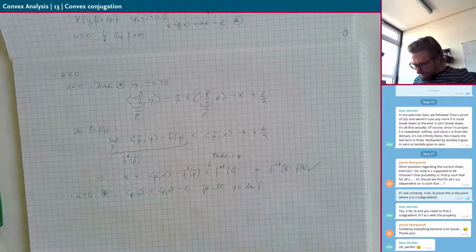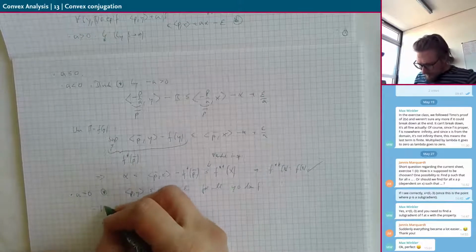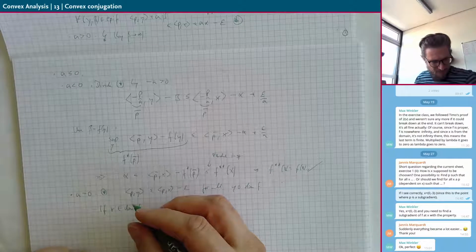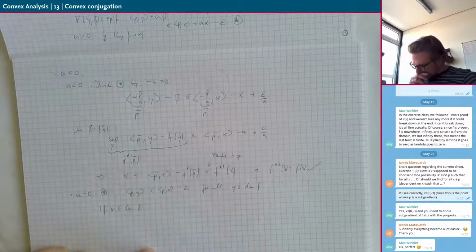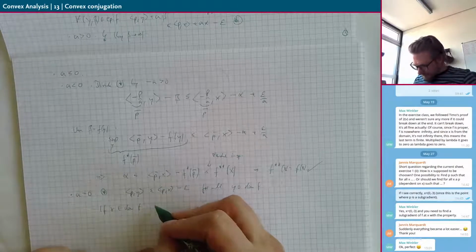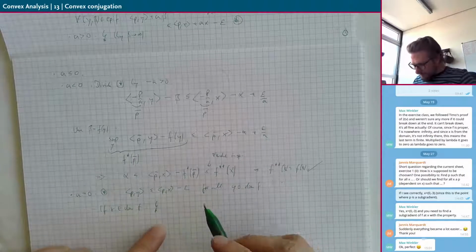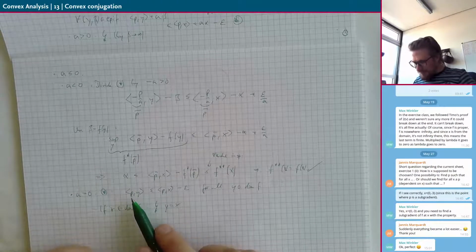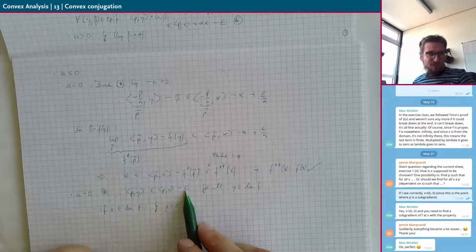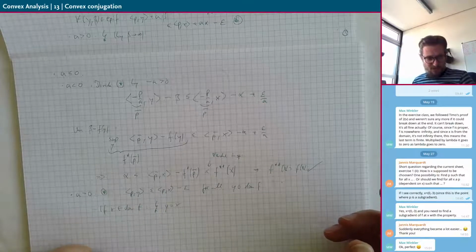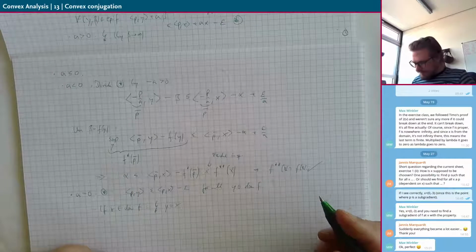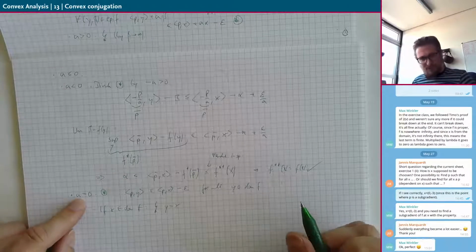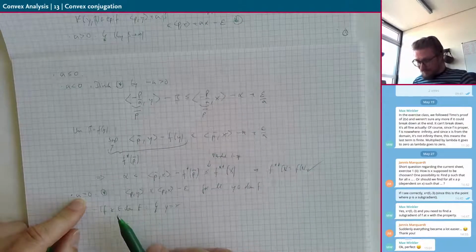So if x were in the domain of f, then we get a contradiction, because we could also use y equals x, and then we would have p times x is smaller than p times x minus epsilon, which is obviously wrong because epsilon is positive. So this can't be true. So this alpha 0 does not occur if x is in the domain.